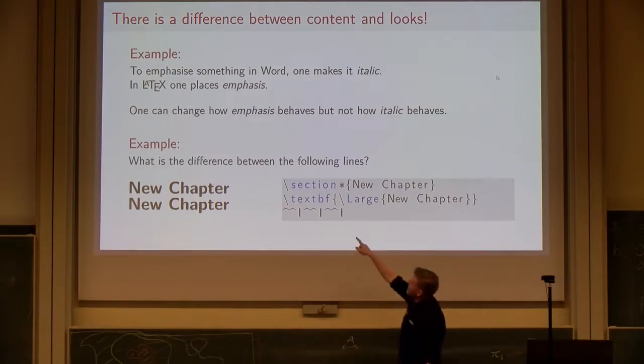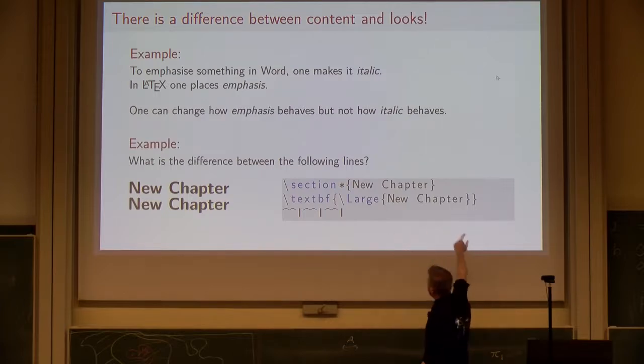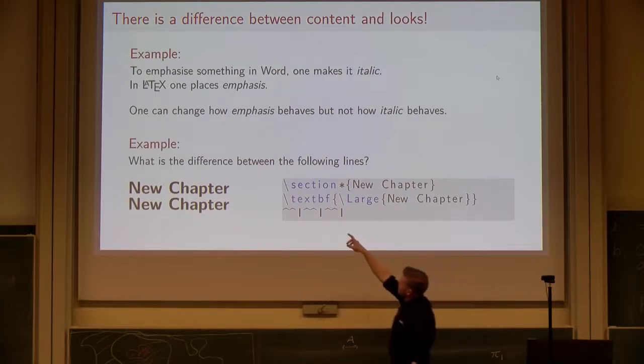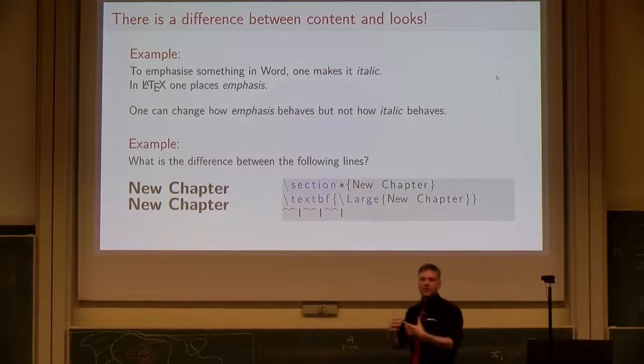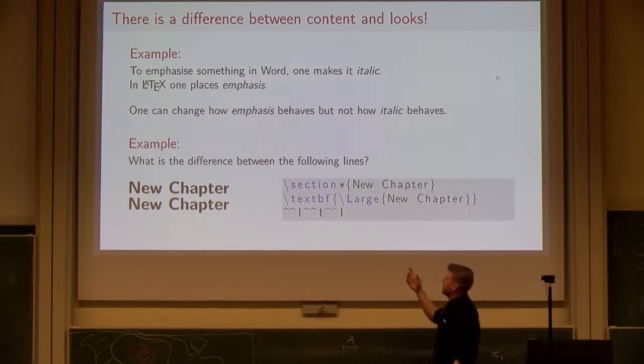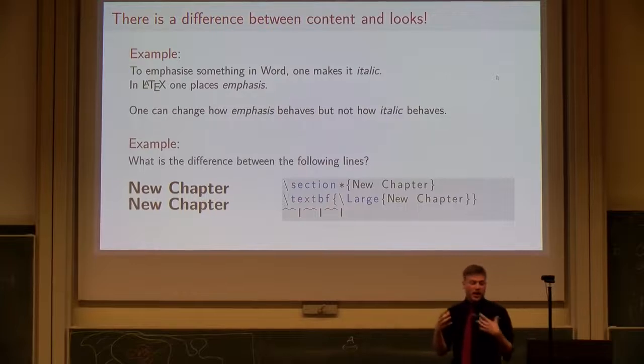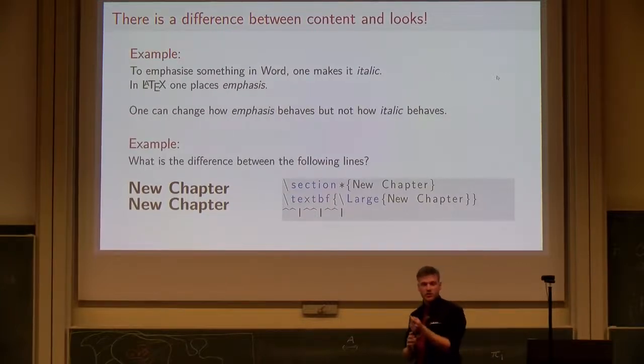Here you're actually saying, okay, I want to force that this is bold-faced and I want to force that this piece is large. But the better way, the correct way, is to say, okay, this is a section, new chapter, and then maybe in the beginning of the document I have specified that this is bold-faced and large. A chapter can also do something else, and we will see that later on.